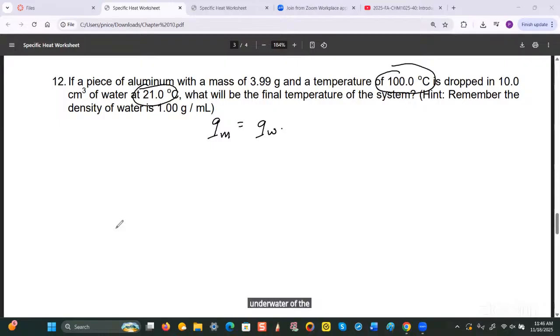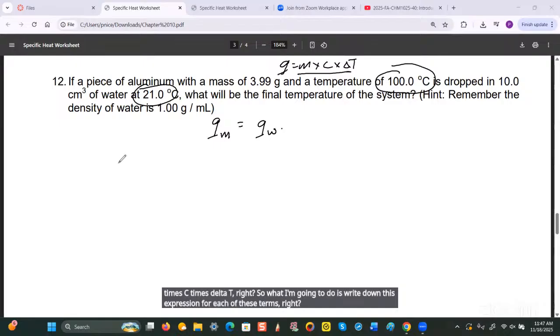When you get to that point, there is no more heat transfer. So the question is asking for that final temperature. Now remember, we said that Q is equal to M times C times delta T, so I'm going to write down this expression for each of these terms.